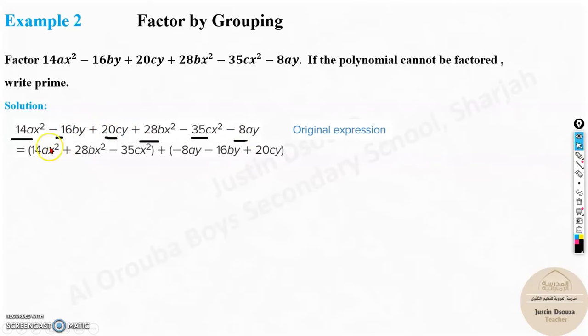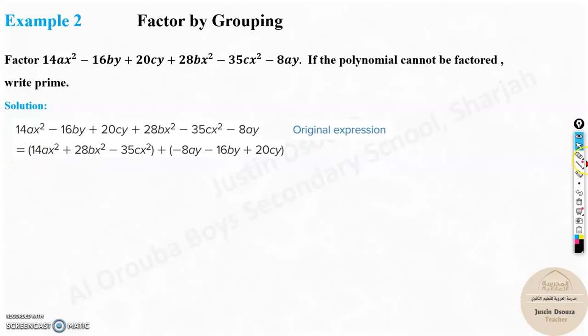So we can rearrange them. 14, 28 and 35, whereas over here we have minus 8, sorry, minus 35, it was minus 8, minus 16 and plus 20. You can see over here a, b, c, x squared, x squared, x squared, and all this is y, y, y. So there are two similarities in these terms, the numbers and the coefficient and the variable.